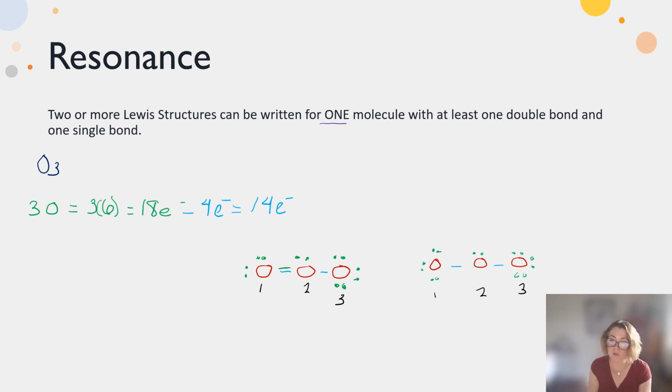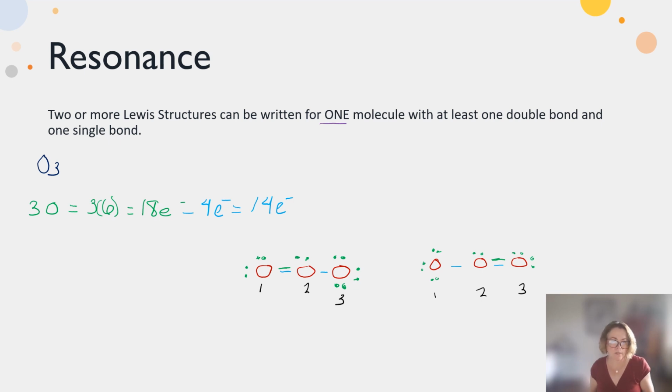I easily could have taken a pair of electrons from oxygen number 3 and moved them and created a double bond between oxygen 2 and oxygen 3. So this is an example of resonance where I have 2 structures that, really honestly, the only thing that's different about them is the placement of that double bond. So this molecule has resonance.